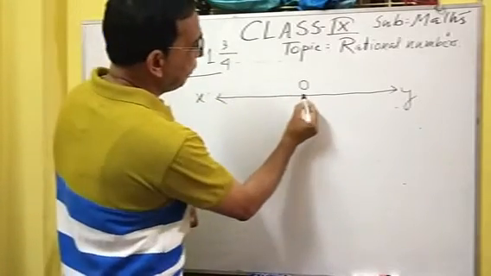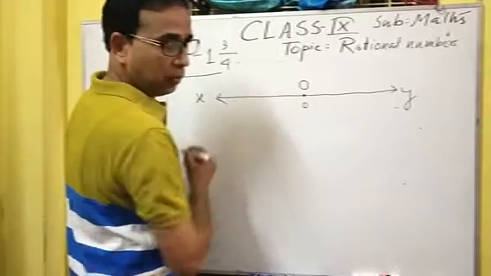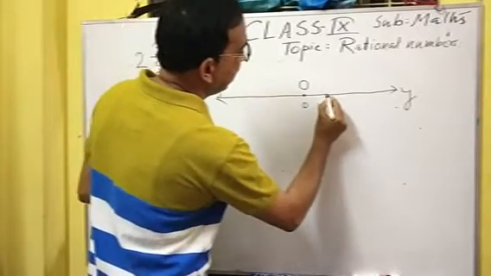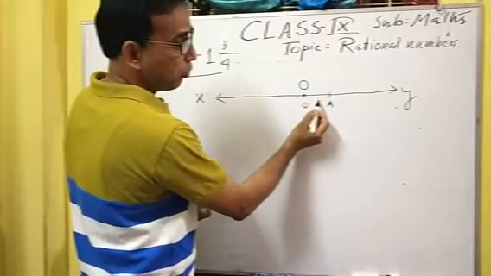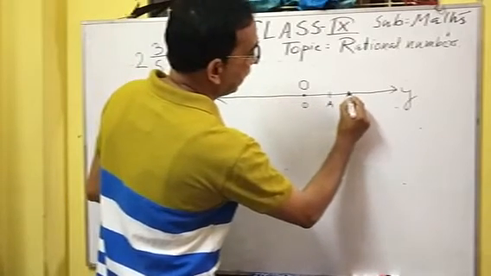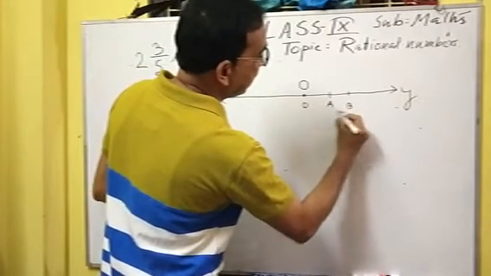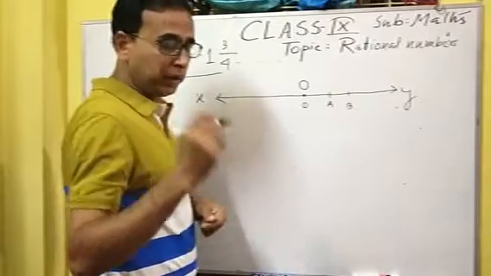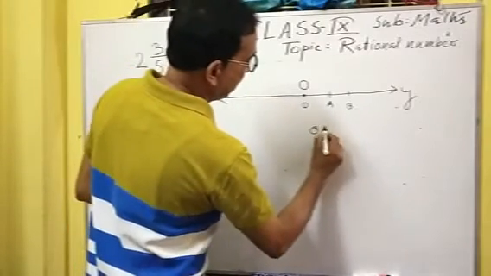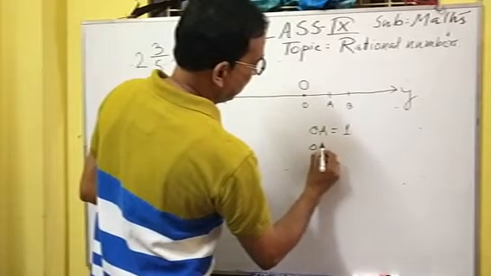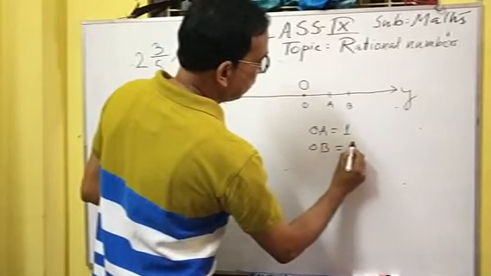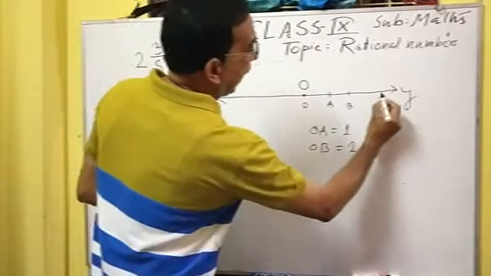On the right of O, take OA equal to 1 unit, OB equal to 2 units.